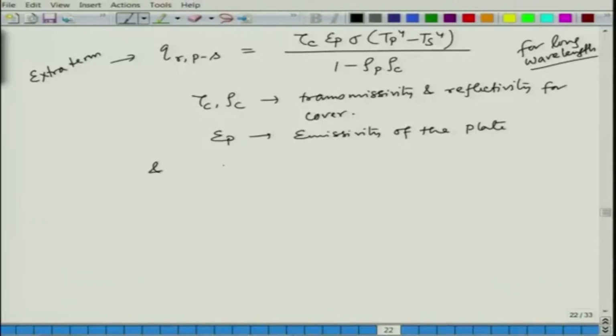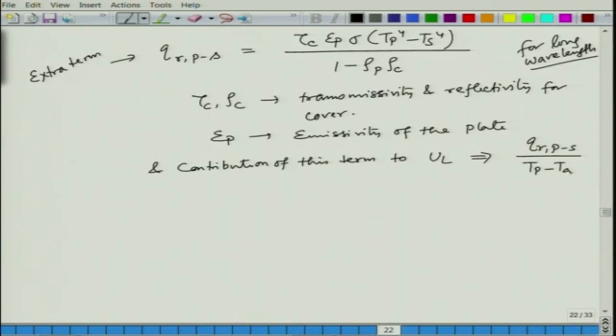Now, the contribution of this term to U L will be this thing, Q R P 2 S, divided by T p minus T A. Again we have to convert it in terms of the dependence on the ambient temperature, not the sky temperature.